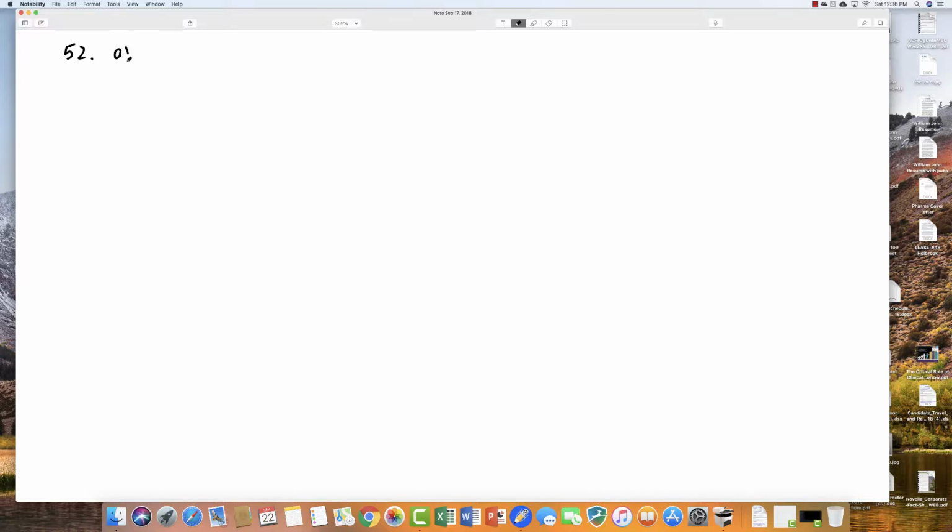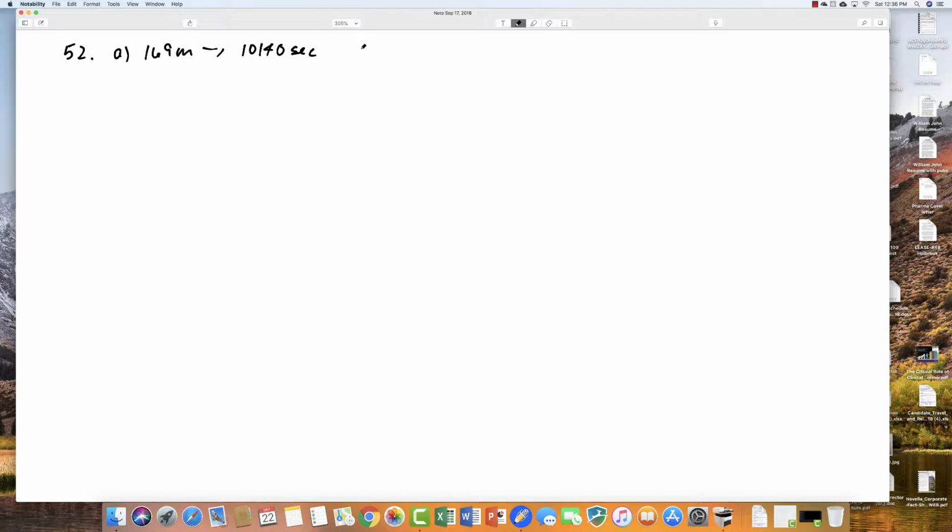Okay, the displacement is going to be the same as the distance in this case. We have 169 minutes. I chose to change that to seconds by multiplying by 60, and you get 10,140 seconds.